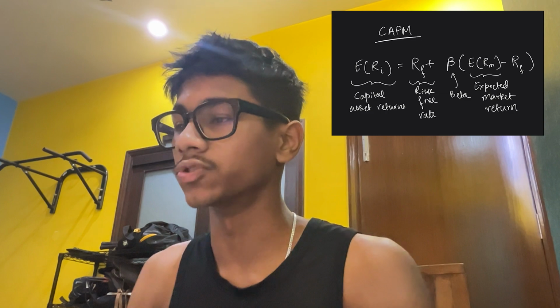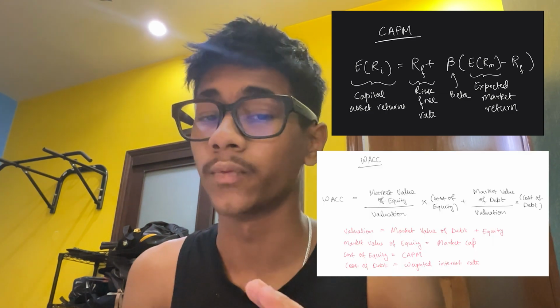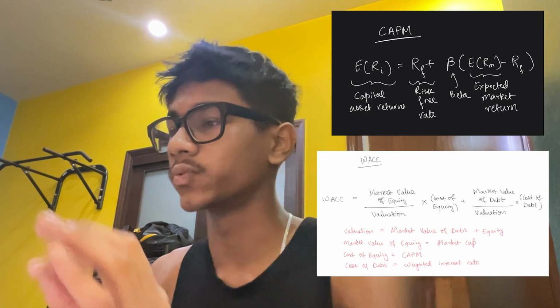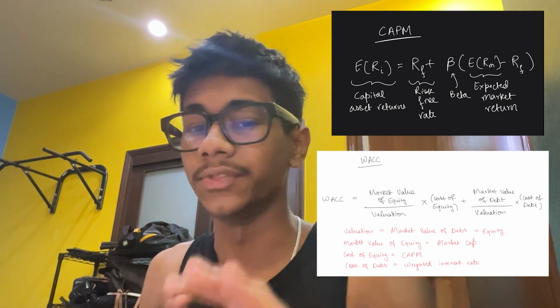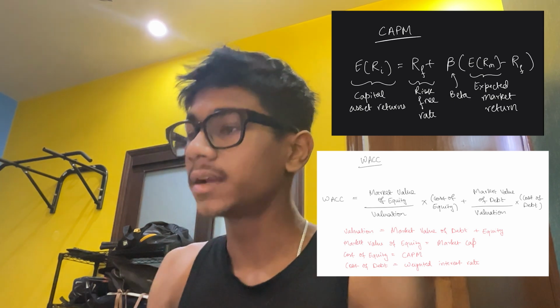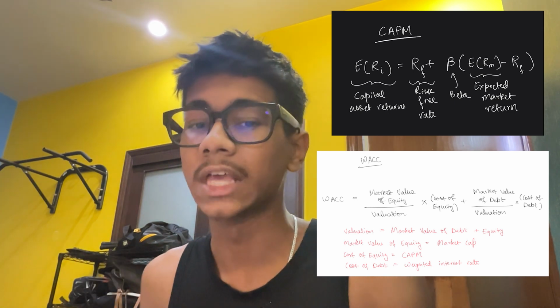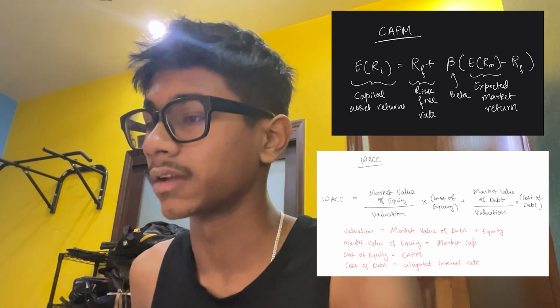So it basically shows the rate at which equity is expected to grow, right? So that is what we're getting at. So we already have the weighted interest rate, which is the cost of debt in the calculation for weighted average cost of capital, but the cost of equity is where CAPM comes in. It's relatively simple, but still, if there's any confusion, I'll be happy to clear that up.